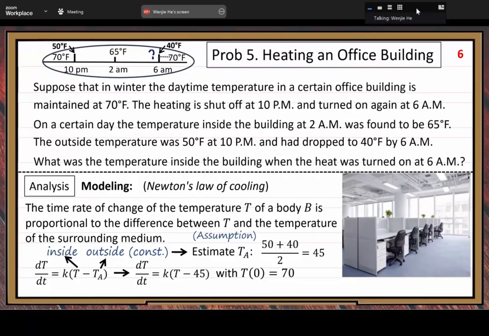At 10 p.m., we treat that point as time 0, little t equals 0, our starting time. T of 0, at 10 p.m., is 70. And T of 4 is given. We need to find T of 8, because 6 a.m. is T of 8.